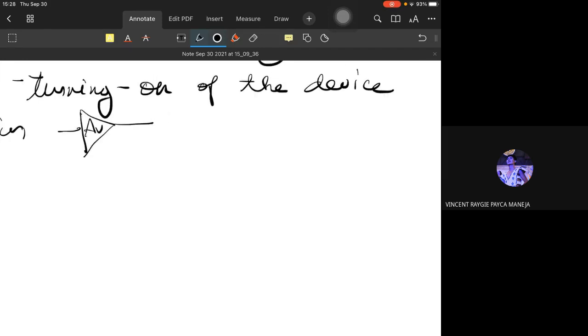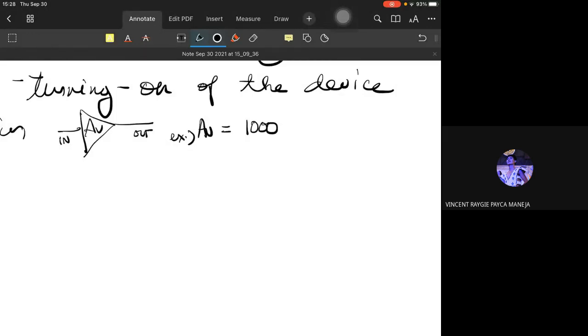Whatever the gain is, it is a unitless value. Let's say the gain is 1,000. It will multiply 1,000 times whatever signal or voltage is at the input, and the output will be 1,000 times that value.